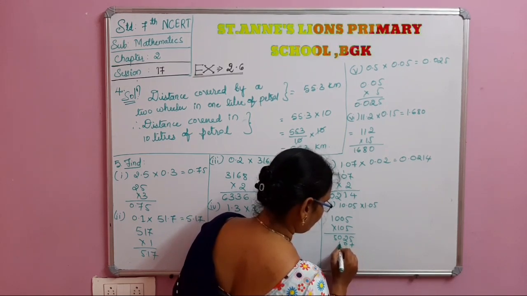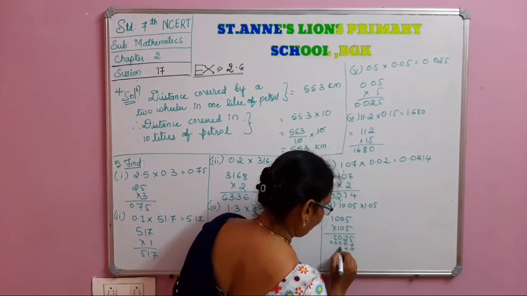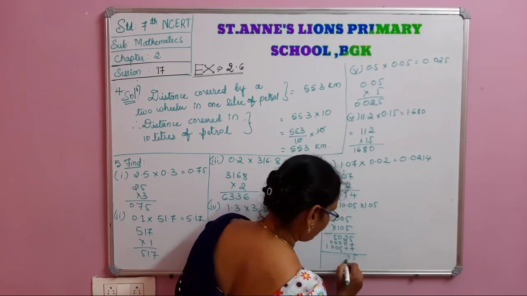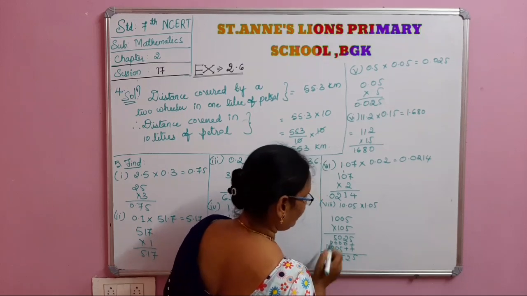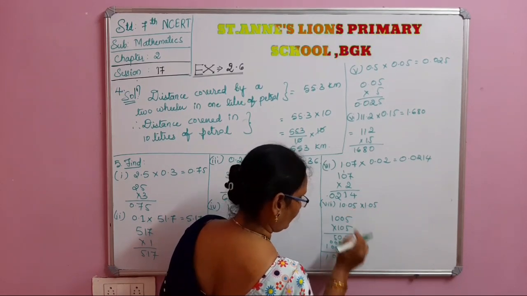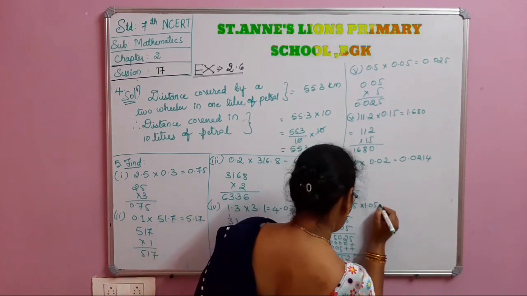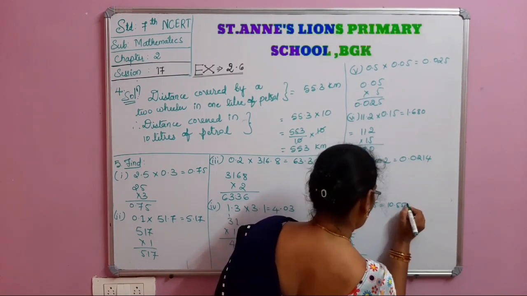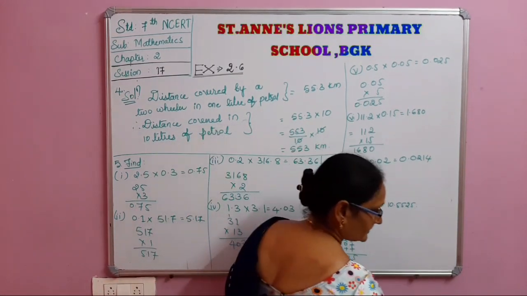We'll add. After how many places? 1, 2, 3, 4. So the answer is 10.5525. This is the 8th sum.